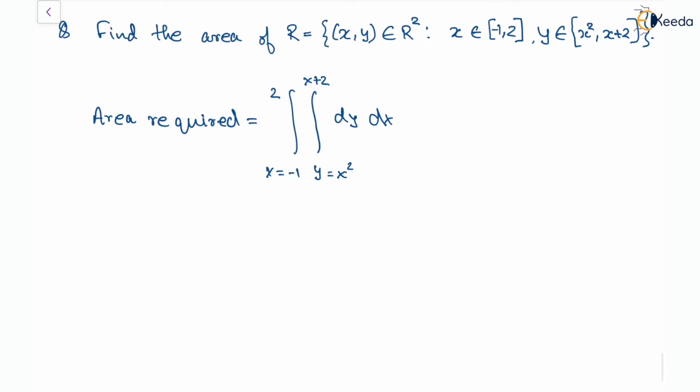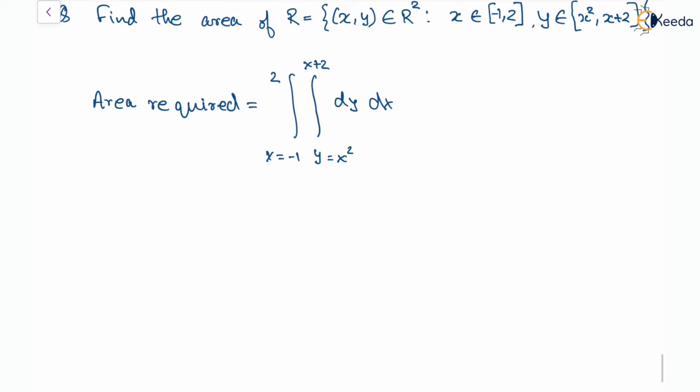So let's start with the integration in terms of y. In that case, dy integration will be y with the limits x square and x plus 2, and the whole thing gets integrated with respect to x with the limits from -1 to 2.